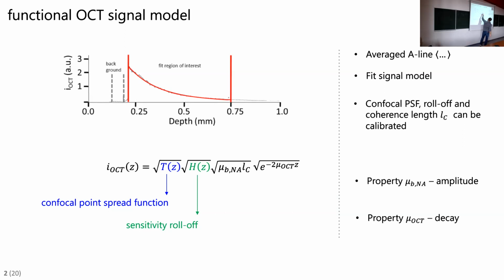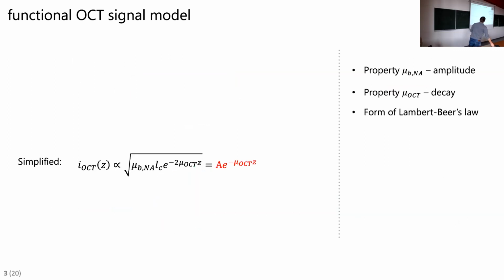Then the decay constant, the attenuation coefficient, is the OCT one. So we accounted for the point spread function, we accounted for the roll-off.